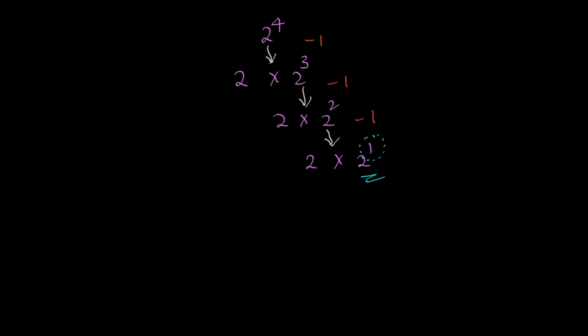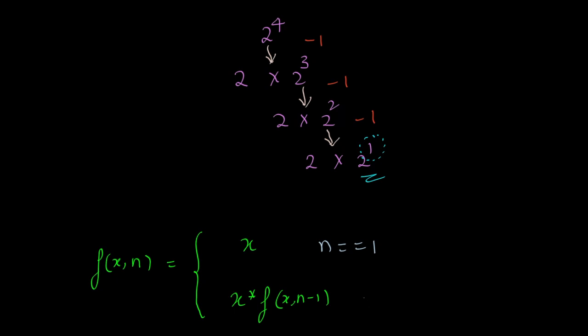Let us summarize this recursive algorithm in a mathematical form so that we can use it in our code. A function f of x, n is defined where it returns the value of x if the power is equal to 1, that is n equal to 1, and the function f of x, n returns the value x times f of x comma n minus 1 in all the cases where n belongs to positive integers minus 1.